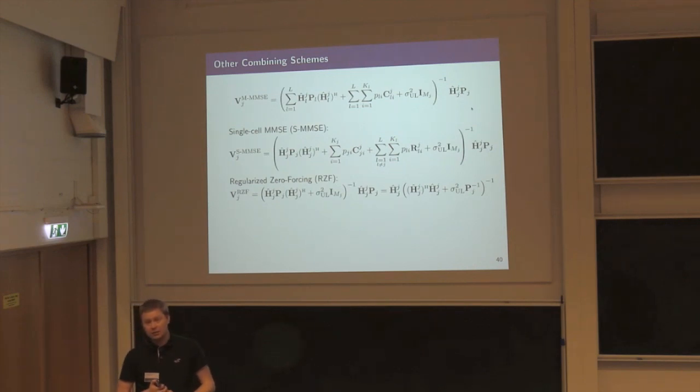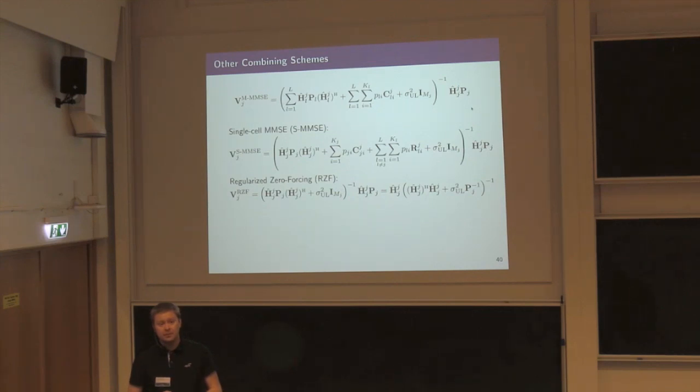The regularized zero forcing, and I tried to just show here how you from the optimal thing can come to it. And I think where it comes from in the beginning is that people have been saying that zero forcing is a good strategy, as Eric has talked about before, but sometimes it could be a bit unstable. And in those cases, you could regularize it and then it works better.